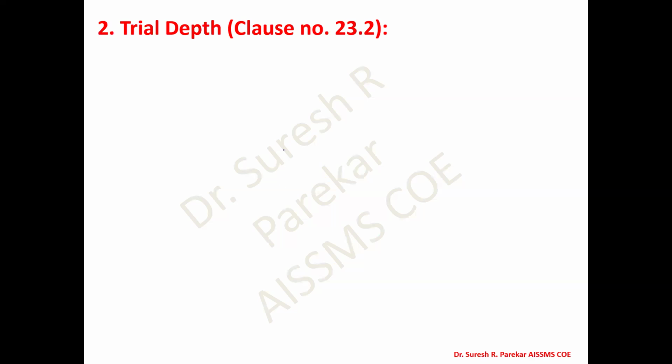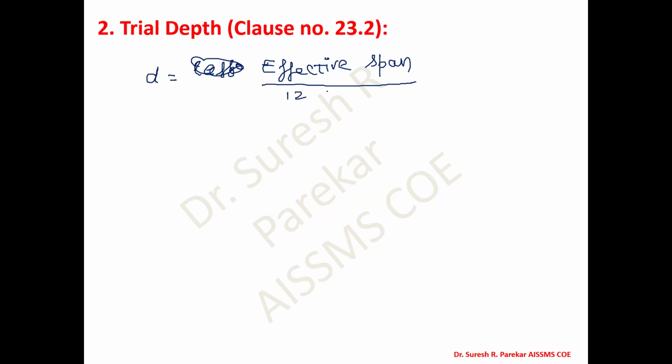Now trial depth. In slabs, for trial depth we use the basic L by D ratio. But in beams, we are going to find the value of d, that is effective span upon (12 to 16).